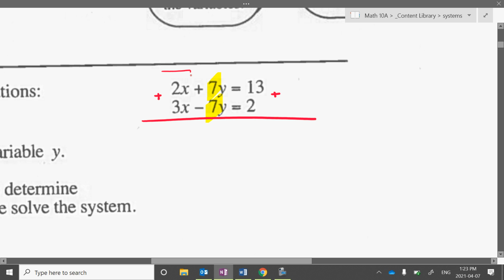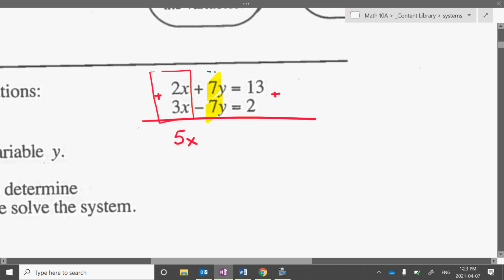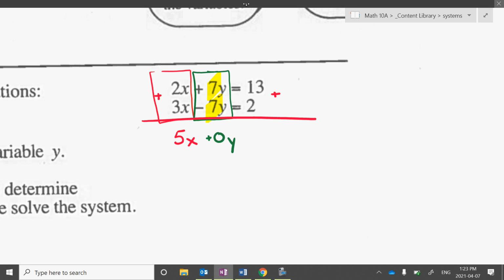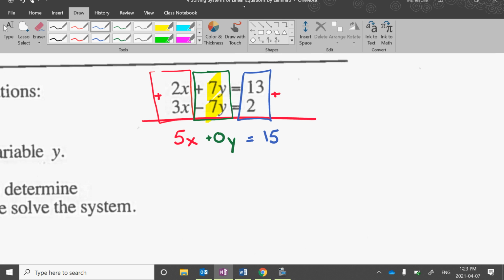And then I'm going to add 2x plus 3x gives me 5x. What's 7 plus negative 7? 0. So I can add my y's, which gives me, I'm going to write plus 0y just because it's our notes and it's nice to show that. And then I'm going to add the right side, 13 plus 2 gives us 15.